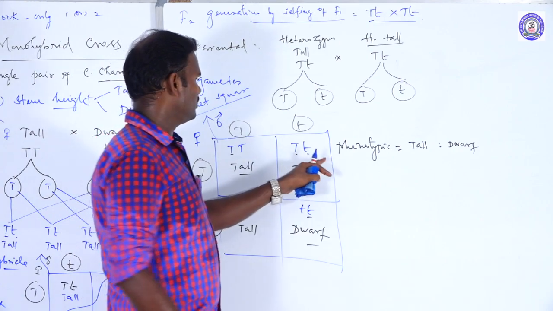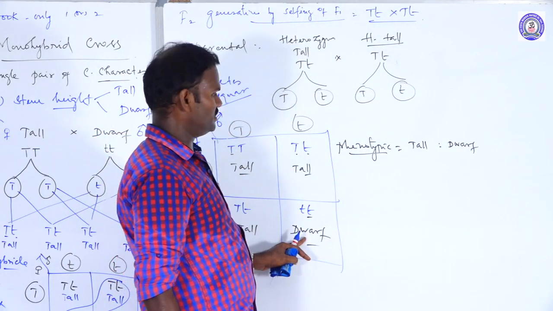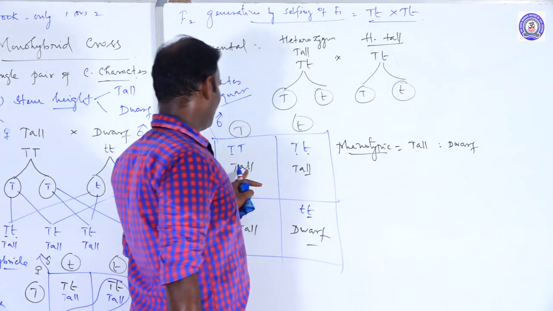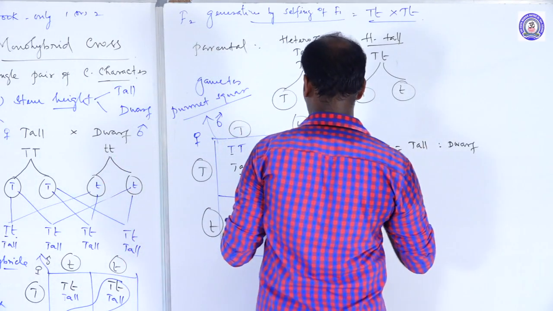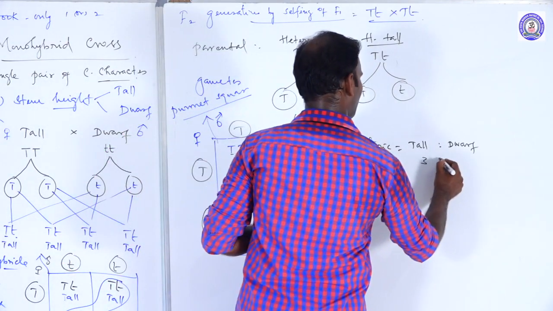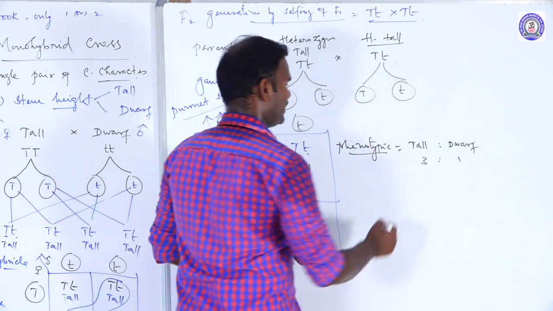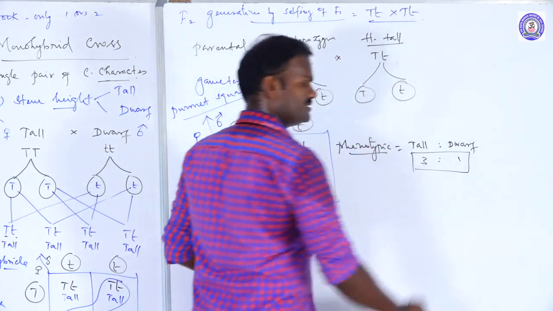In F2, morphologically tall plants appear, and dwarf plants also appear. Observe, how many tall plants? 1, 2, 3. 3 tall plants. How many dwarf plants? Only one dwarf plant. So the phenotypic ratio is 3:1.